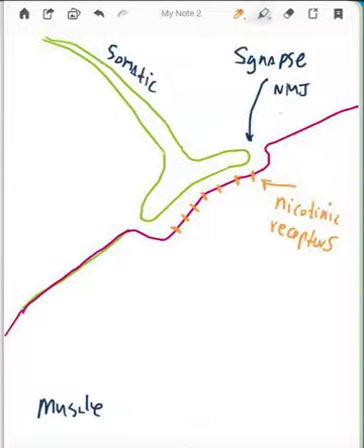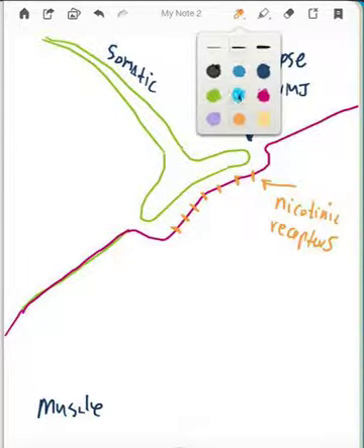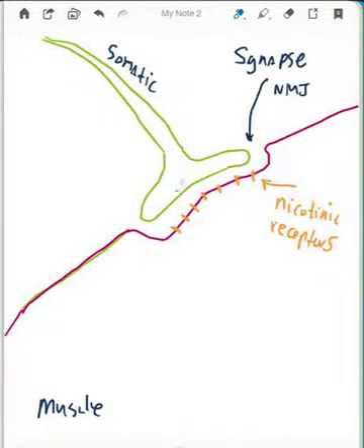The primary neurotransmitter associated with the somatic nervous system is acetylcholine, ACH, and you probably guessed that it'd have to be acetylcholine because nicotinic receptors are cholinergic receptors. So you have acetylcholine, which I'll label as ACH, existing within little vesicles within the terminal, the ending of the axon here.